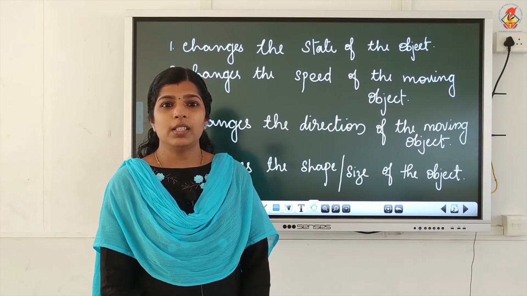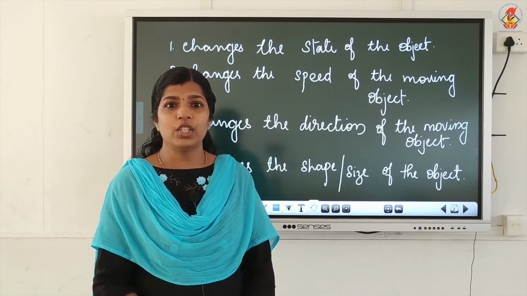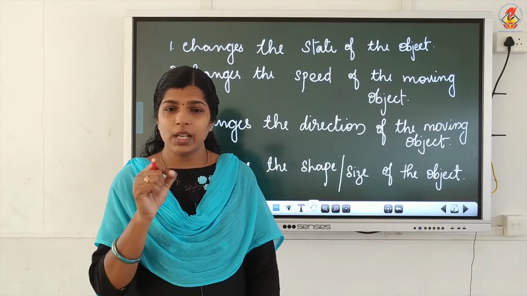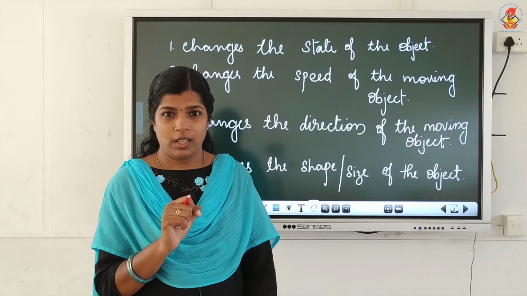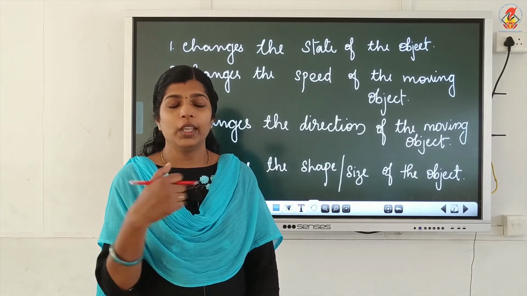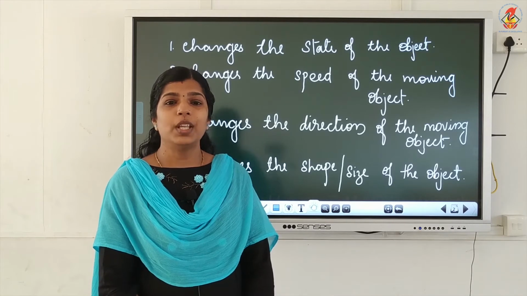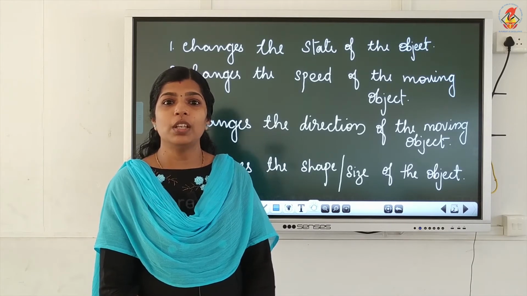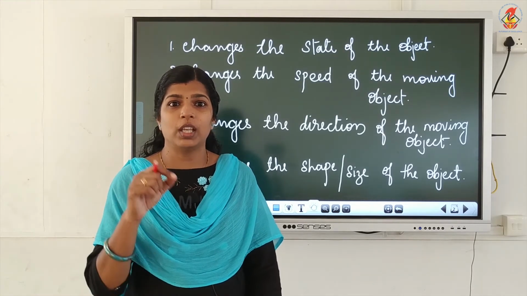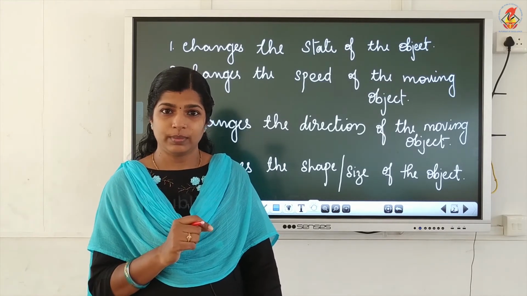But we did not discuss what is the reason for that change in velocity. That we didn't discuss in the first chapter. So, here we will discuss what is the reason for that change in velocity. Why does the object change its direction?